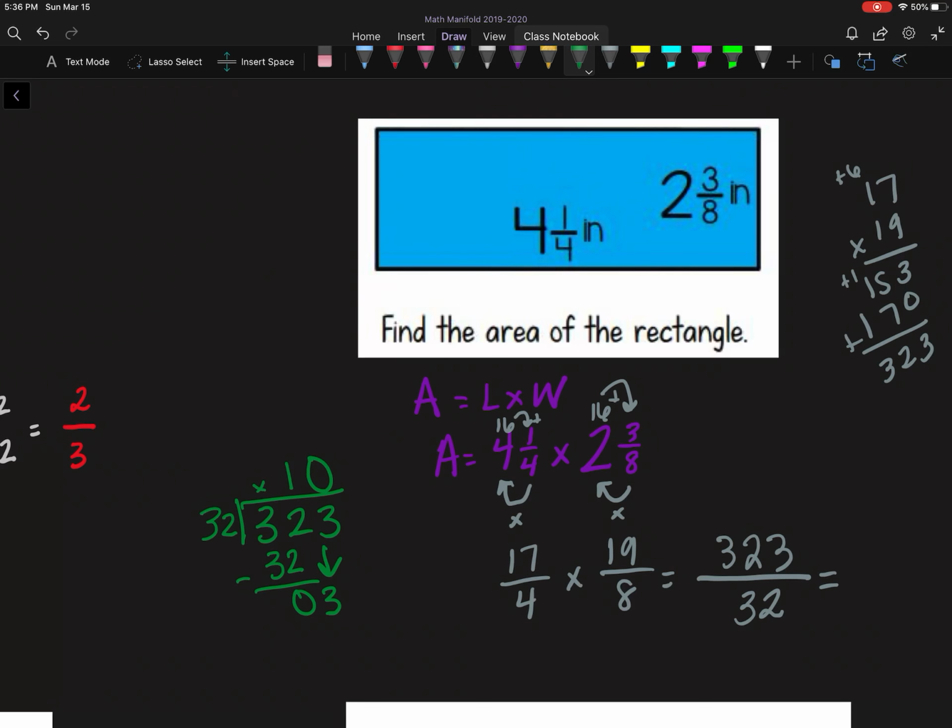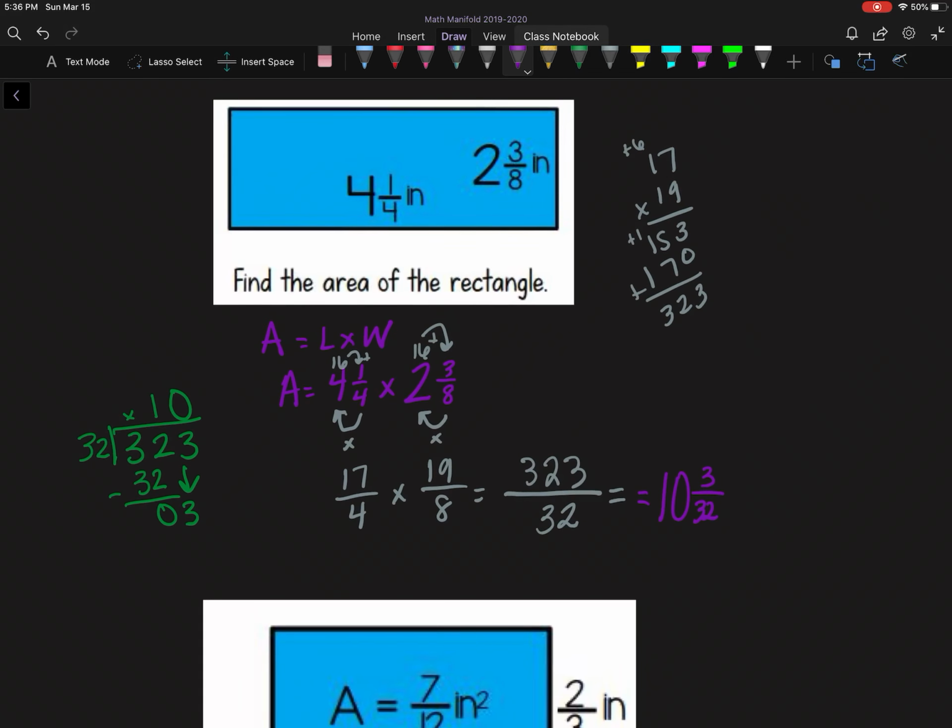Now, normally, this is when we would add a decimal, add a 0, annex our 0, and bring it down. But because we are dealing with fractions, we have to leave it as a fraction. So we're going to change this back to 10 whole and 3 over 32. So because my unit was inches, this would be inches squared.